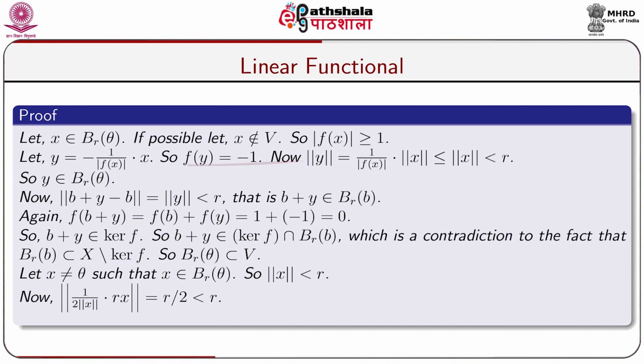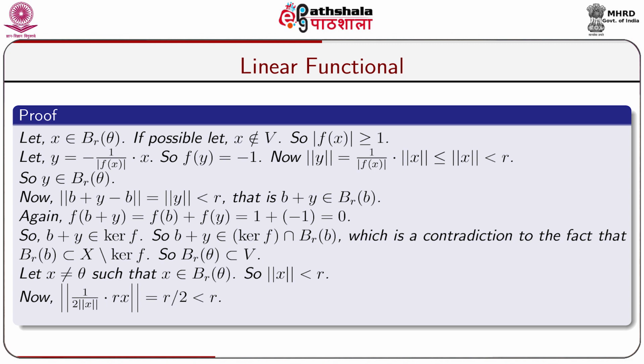Let us take y equal to minus 1 by modulus of f(x) into x. So, by easy calculation, we see that f(y) is equal to minus 1. Now, norm of y is equal to 1 by modulus of f(x) into norm of x, which is again less than or equal to norm of x and is less than r. So, y belongs to B(r, theta).